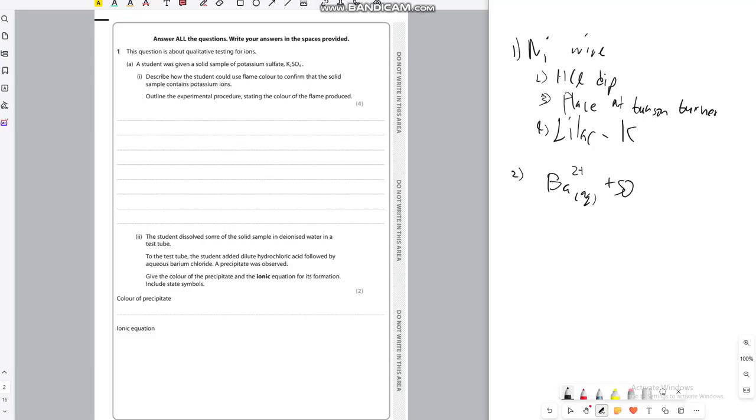Sulfate ions forms barium sulfate, which is a solid. So they are asking what is the color of the precipitate. We know that this is a characteristic test for the sulfates, which is white in color. So the color of the precipitate is white.